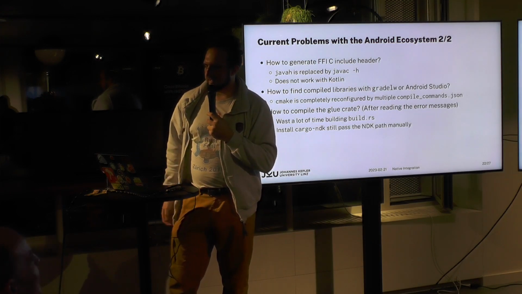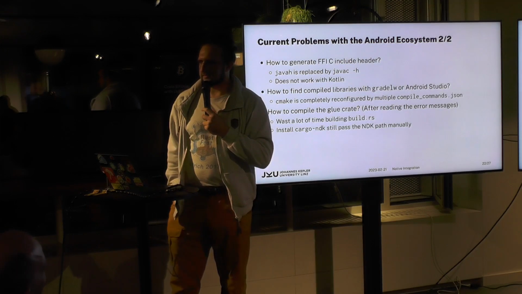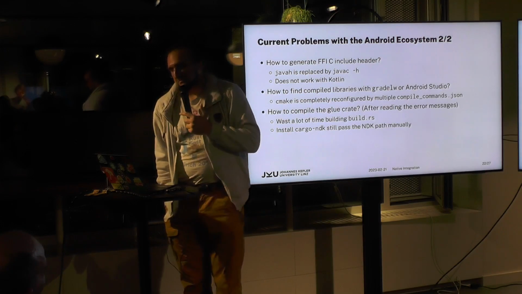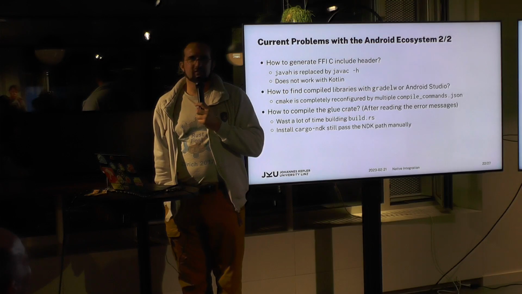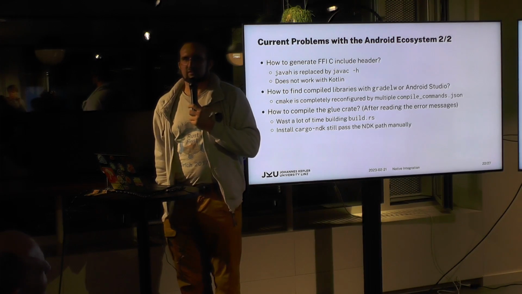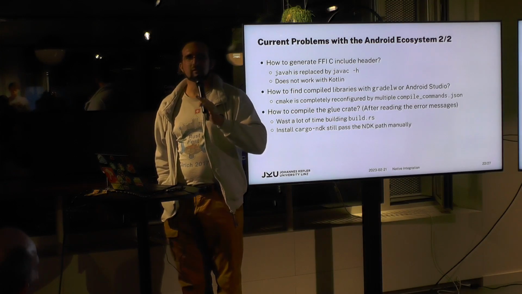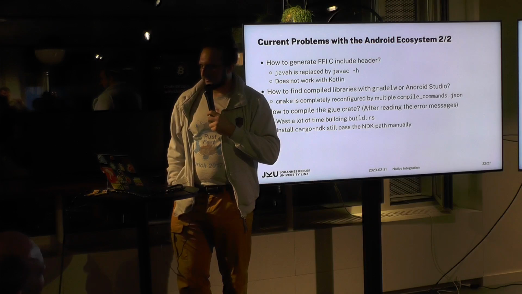And the javah tool has been discontinued, and the javac -h option is only for Java code, because it's part of the Java compiler. So the easiest way is just compile, see the error message, and go from there. Let the linker guide you. Works surprisingly well.